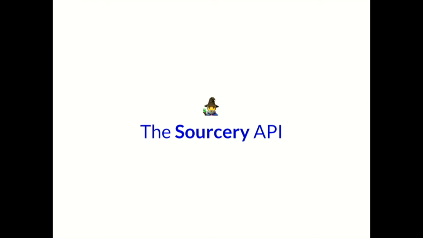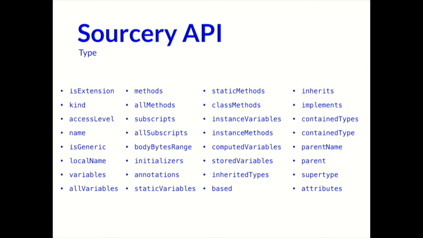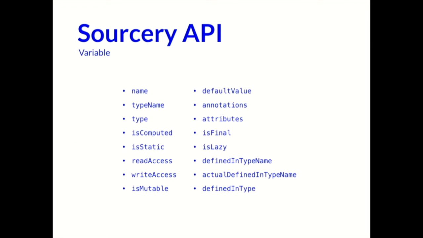I want to talk really briefly about the Sourcery API. It's really well documented, so I'm not going to stress all of this. This is kind of a heavy slide here, but I just want to include it to illustrate that there's a lot of capabilities, a lot of information that you have accessible to you inside of a Sourcery template. These are all the APIs on a type, if you have a reference to a type. Here are the APIs that you have available to you if you have a reference to a variable.